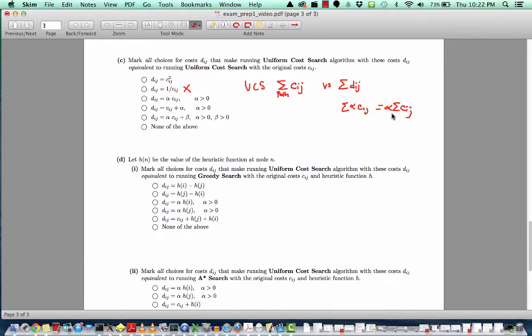Since alpha is greater than 0, we know that when we compare this to the order of nodes expanded in the first graph, these are going to be expanded in the same order, because if you just scale all of the possible options in your fringe and their values, then the ordering isn't going to change. So therefore, this is a correct answer.